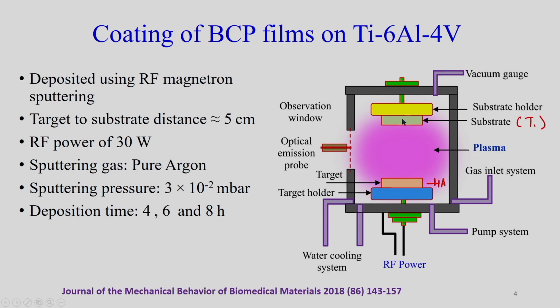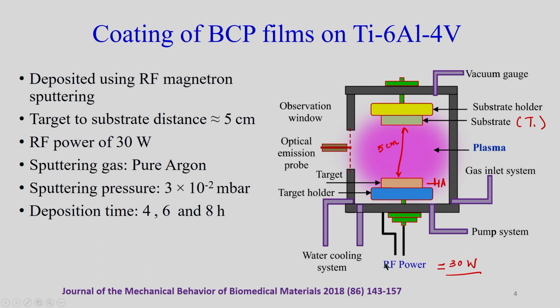The distance between the target and substrate was about 5 centimeter, and for the plasma creation the inert gas argon was used and the RF power was 30 watt. The vacuum pressure maintained was 3 into 10 to the power minus 2 millibar.